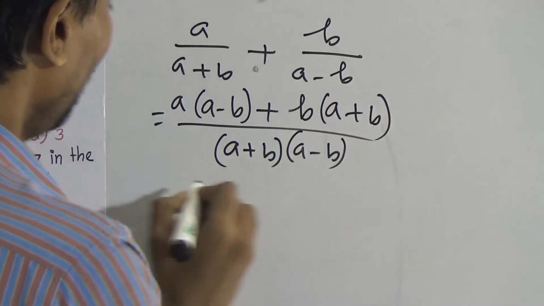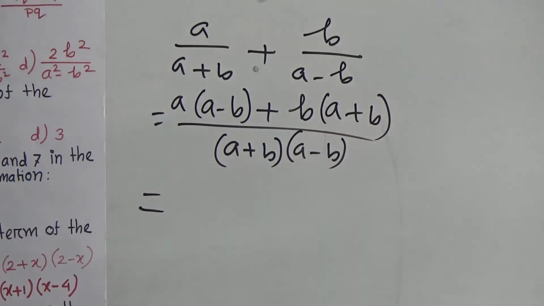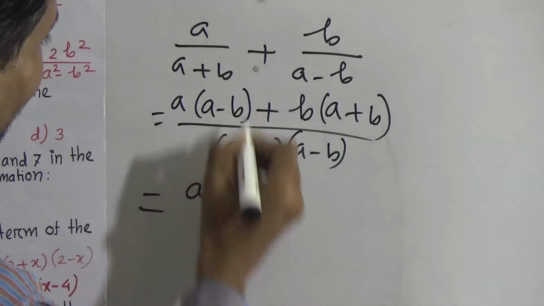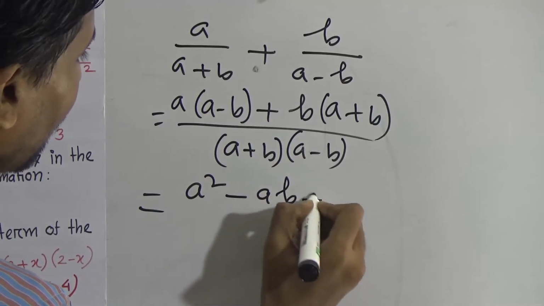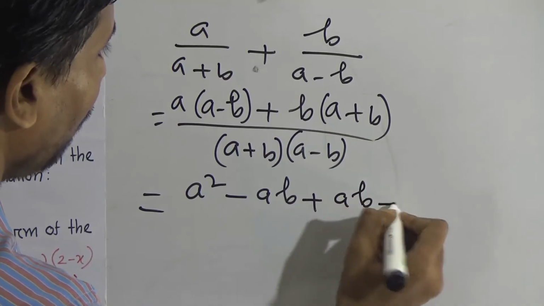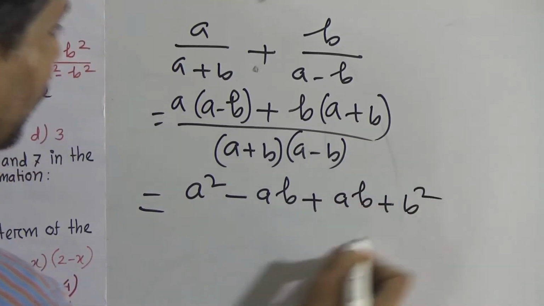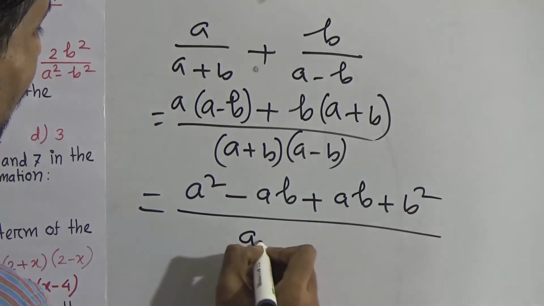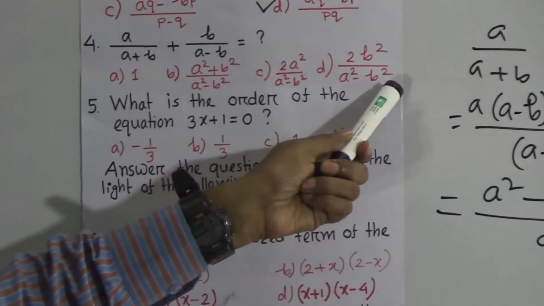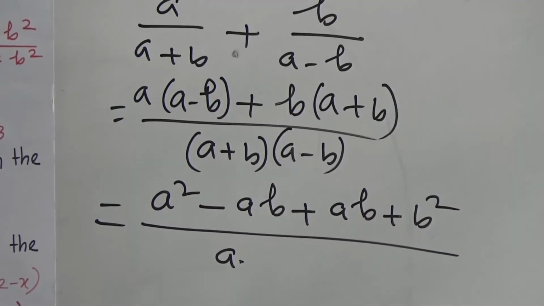a plus b. Now look properly, dear student. a into a is a square, minus ab, plus ab, plus b square. Among the options we see a square minus b square, so you have to write the formula: a plus b into a minus b equals a square minus b square.